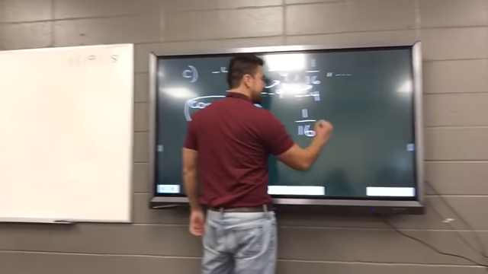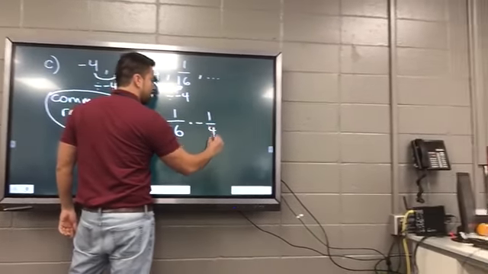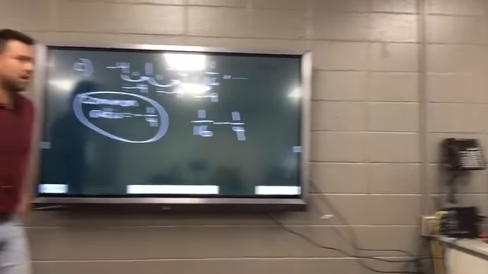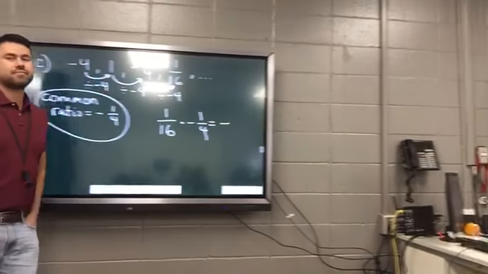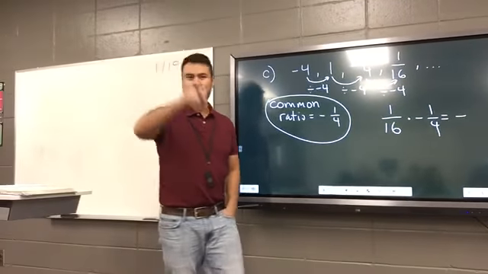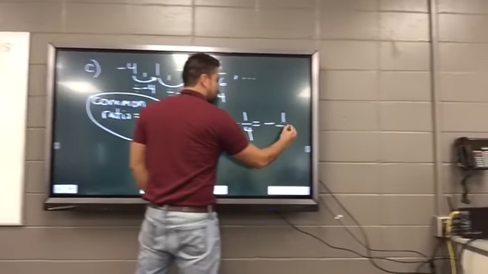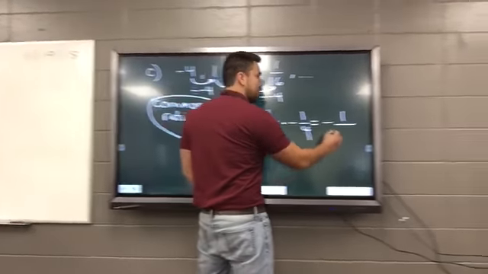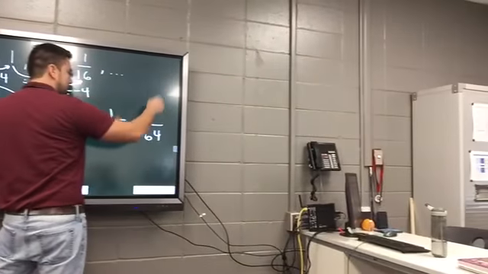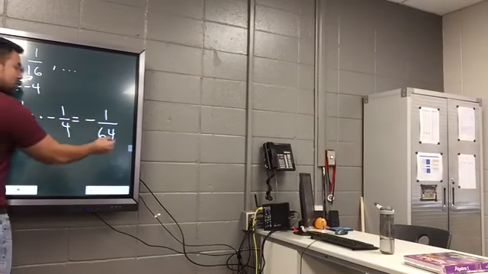I'm going to multiply 1/16 by -1/4. What is that? Negative. What's 1 times 1? 1. So far, so good. What's 16 times 4? 64. And if you didn't know how to do that, you can work it off to the side and get 64. That's the next term.